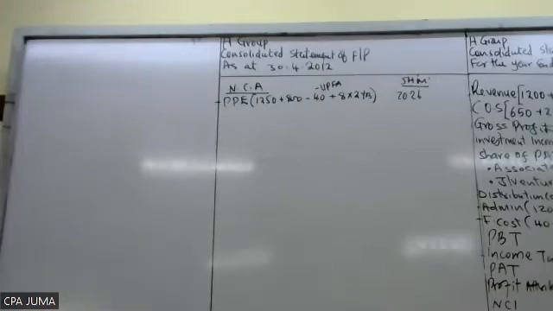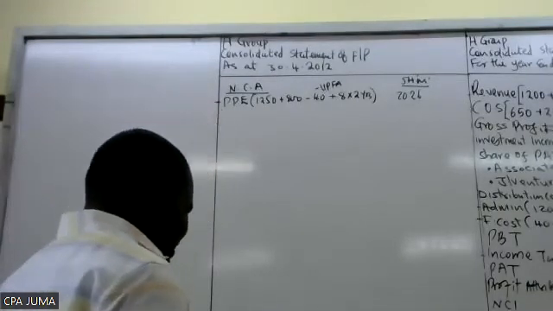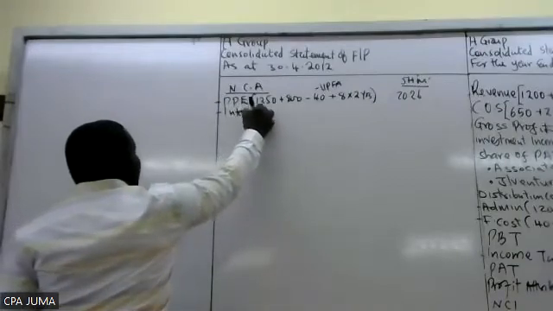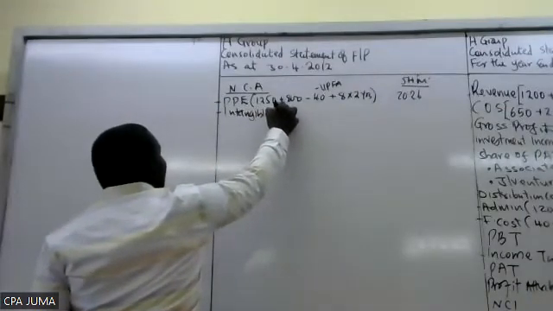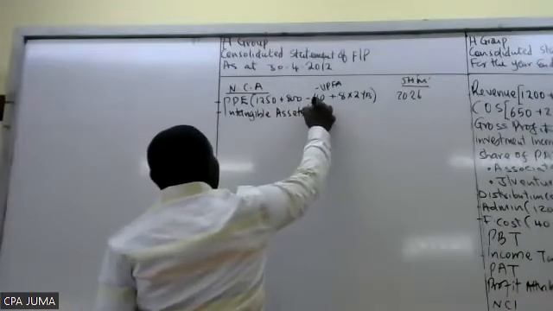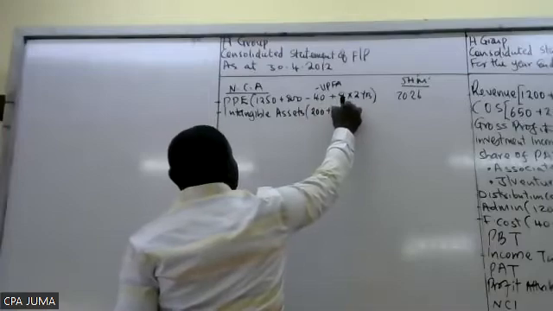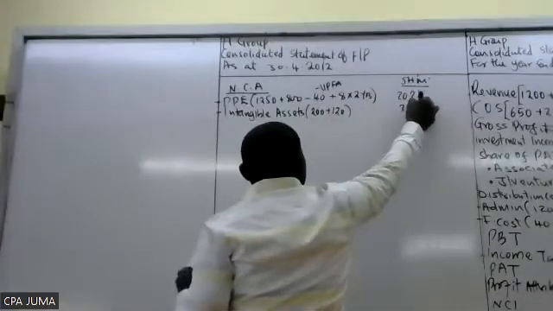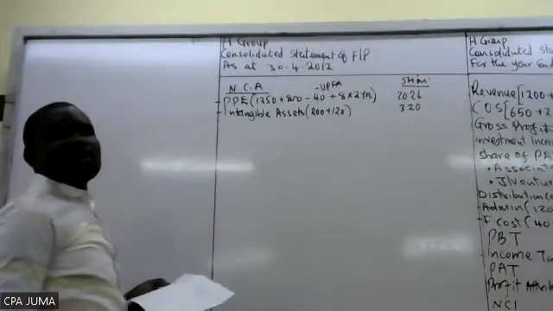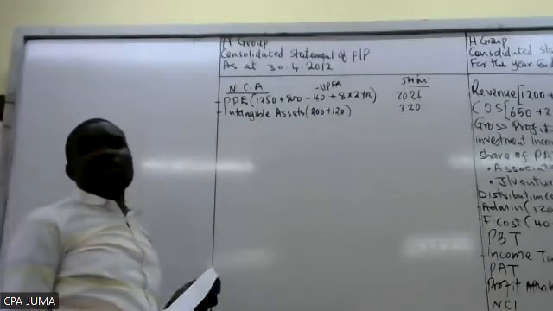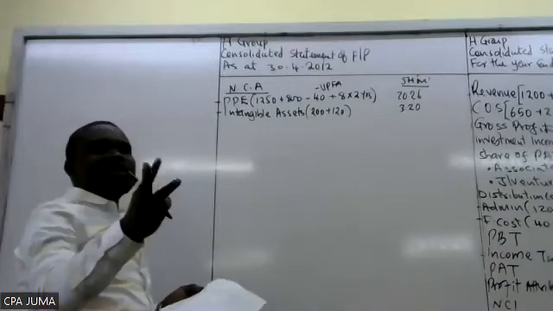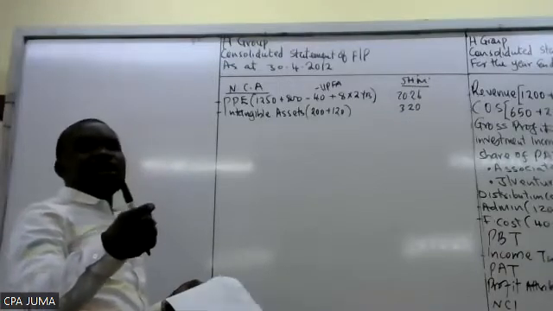Next item, intangible assets. Intangible assets, no problem, unless you create a problem. Intangible assets, you add 200 plus 120. That is 320. Investments. That is investment you have to be keen. What if they invested in subsidiary, associate, joint venture?